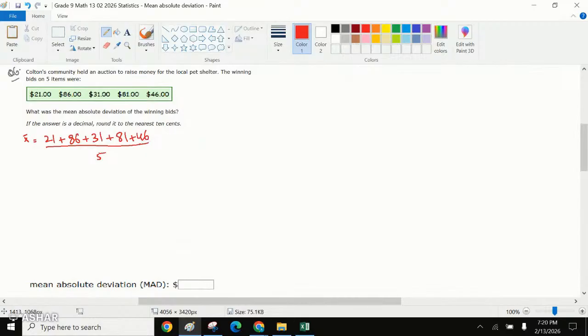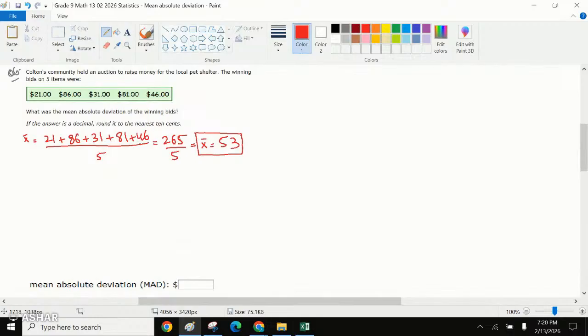So let's add them together. 21 plus 86 plus 31 plus 81 plus 46. That comes out to be 265 divided by 5. And the answer for mean comes out to be 53. The mean is 53 for this particular question.